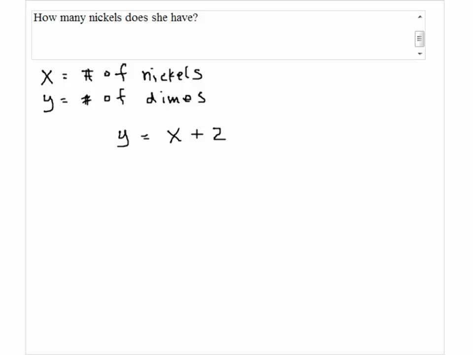Now we're going to make an equation in terms of values. Since she has x many nickels, the total value in nickels will be 0.05 times x, where 0.05 is the denomination of 1 nickel, plus the total value in dimes will be given by 0.1 times y.